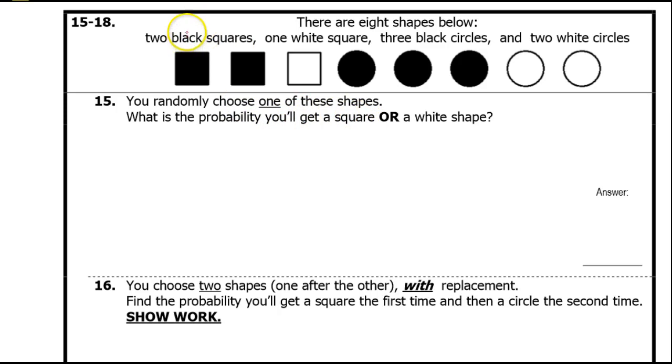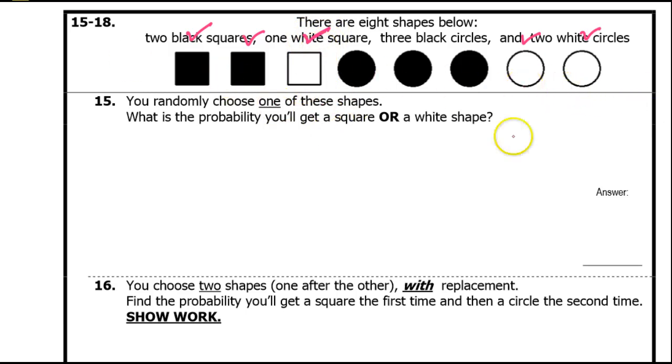Well, we've got square, square, square. Now, which of these are white shapes? We've got white shape, white shape, white shape. I checked this one twice, that doesn't matter because we want all of both sets.